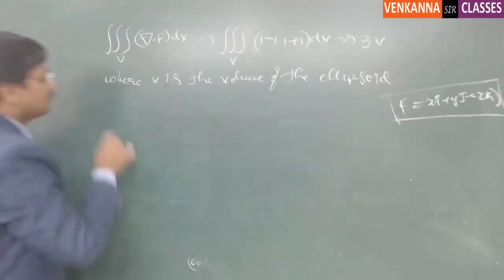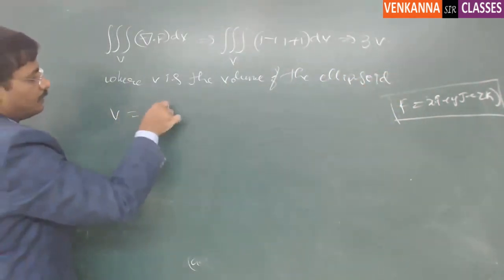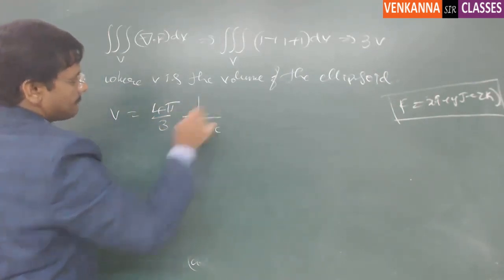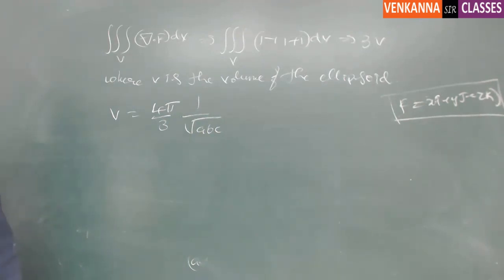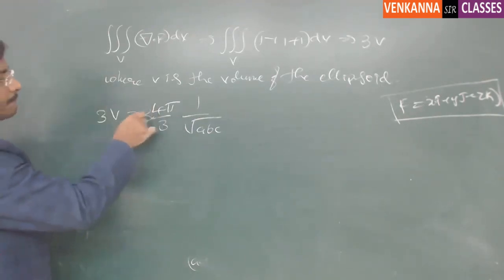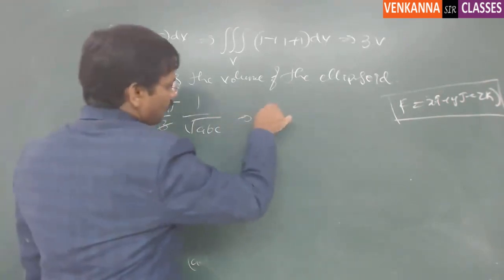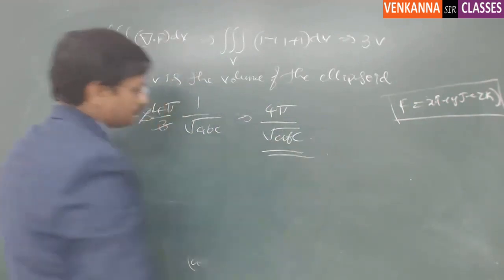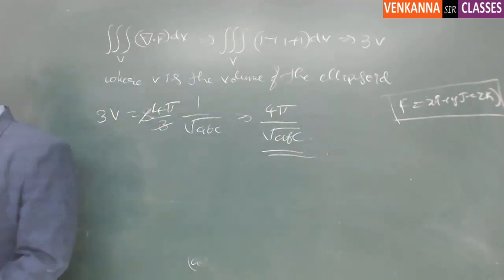The volume of the ellipsoid is 4π by 3 times 1 by the square root of abc. So 3 times it, the 3 will cancel, giving 4π by the square root of abc. Understood?